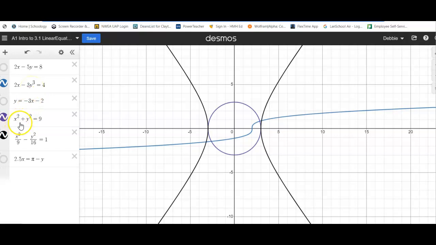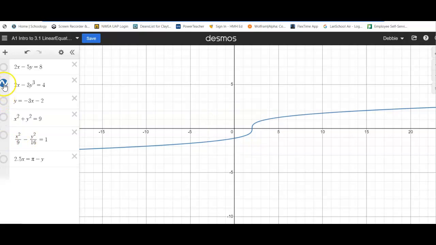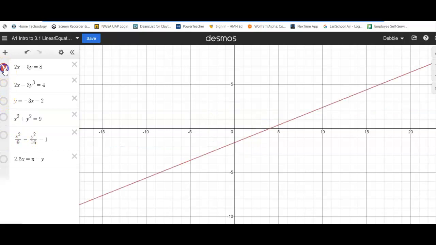Here, both x and y are to the power of 2. And here, they're both also to the power of 2. Our linear functions all share the characteristic that x and y are raised to the power of 1.